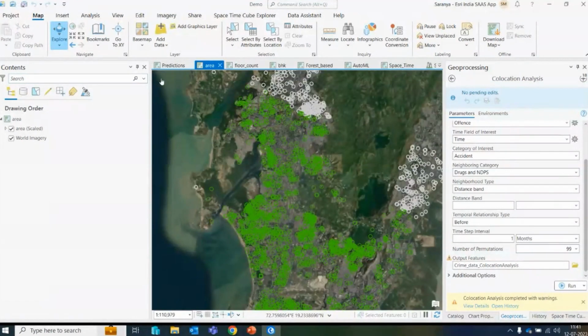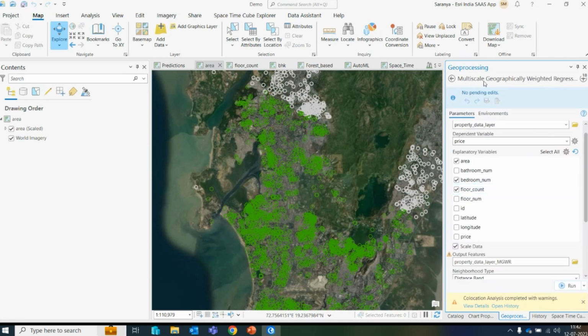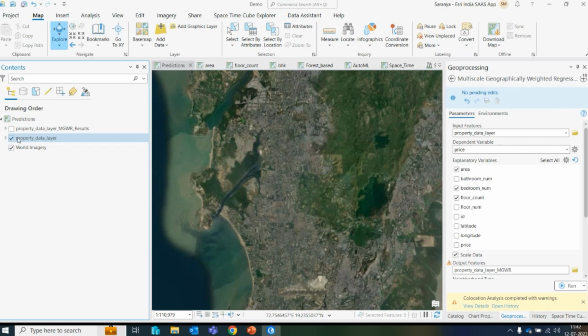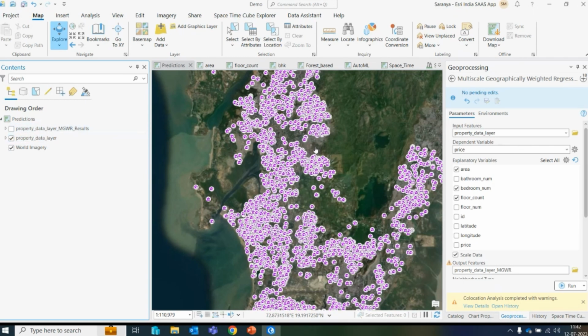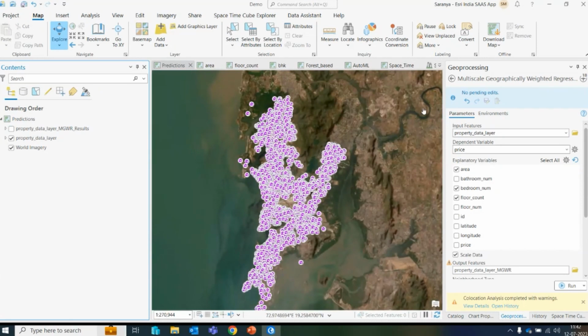Now we are back to our prediction. Here I have the same data, the property data layer. What I'm trying to do is get an equation which will help me predict the prices for new locations.